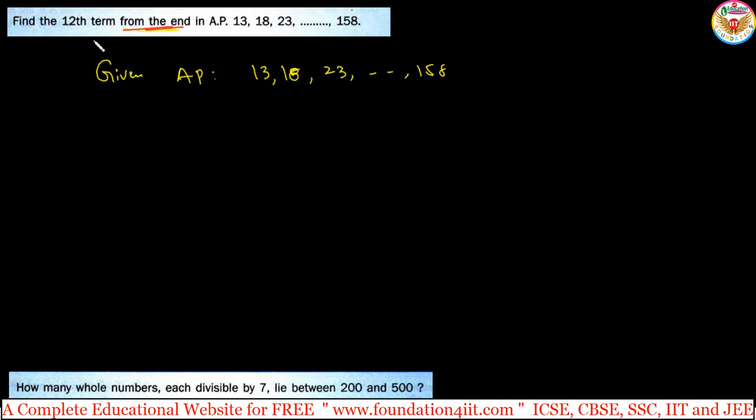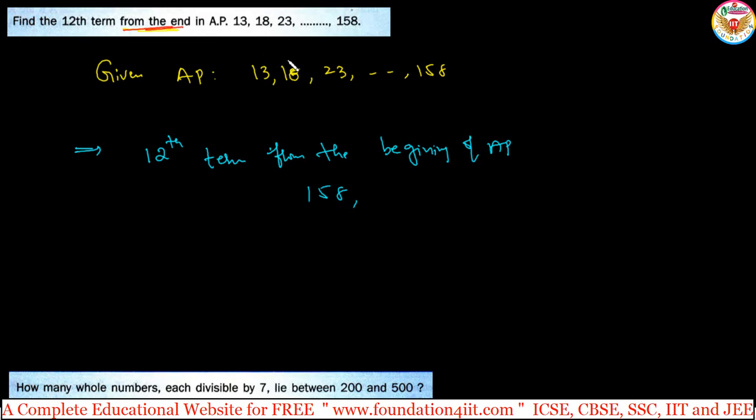If you want to write the 12th term from the beginning of the AP, this is the 12th term from the end that we have to find out. So the 12th term from the end of the AP is exactly equal to the 12th term from the beginning if you take the series in reverse, starting with 158.